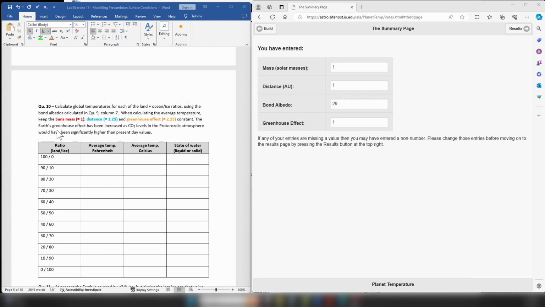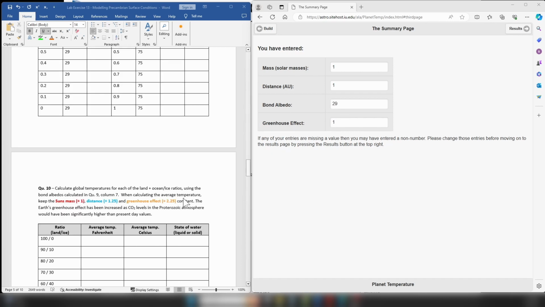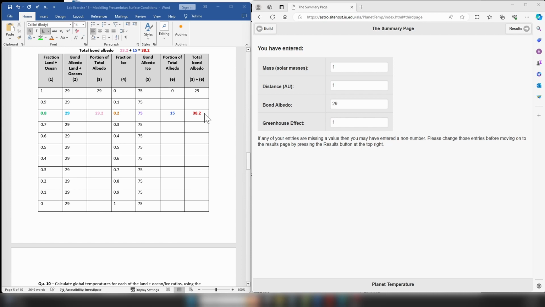So what you're going to do is put a sun's mass of 1, distance of 1.25, and a greenhouse effect of 2.25, and you're not going to change those for the rest of question 10. The only value you're going to be changing is bond albedo, and those values are going to be based on the total bond albedo that you calculated in column 7.